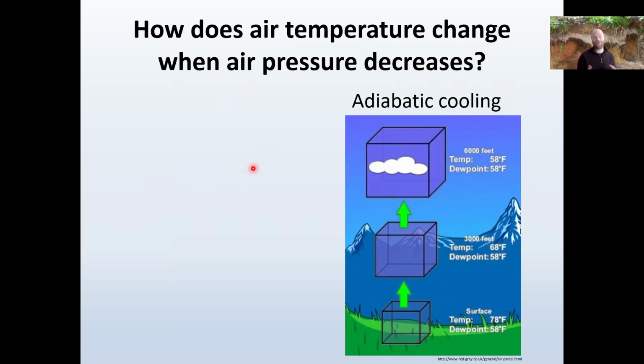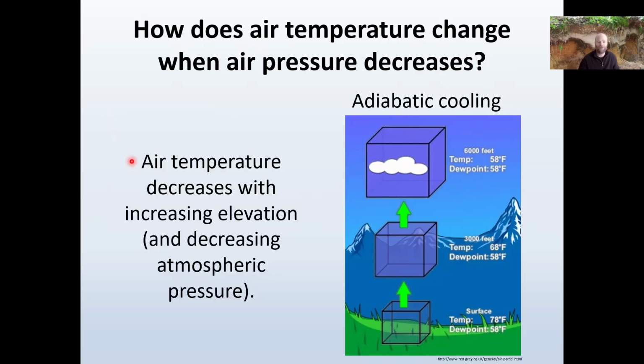So now let's tie it to an additional process or phenomenon that we talked about previously called adiabatic cooling, which is related to orographic processes. So how does air temperature change when air pressure decreases? To apply our knowledge, as an air parcel rises in elevation and altitude, there's less and less pressure, and so that air parcel expands and the temperature cools down.